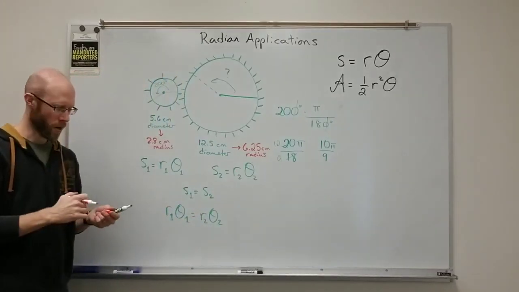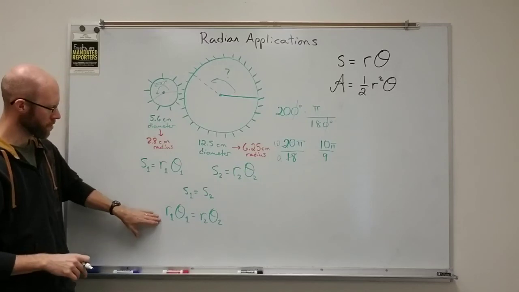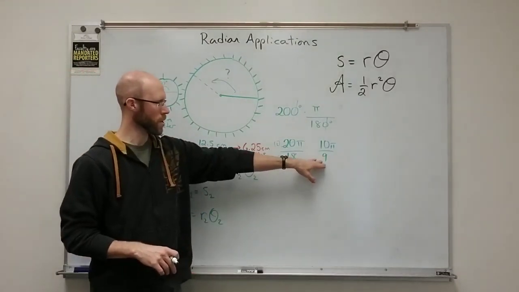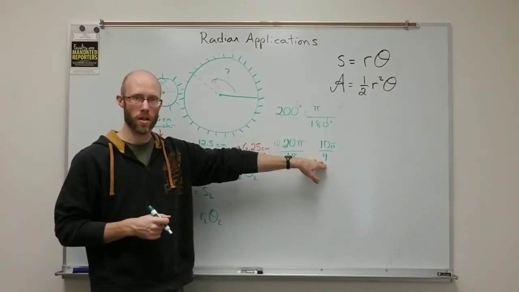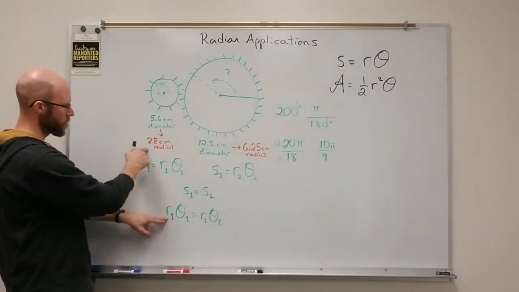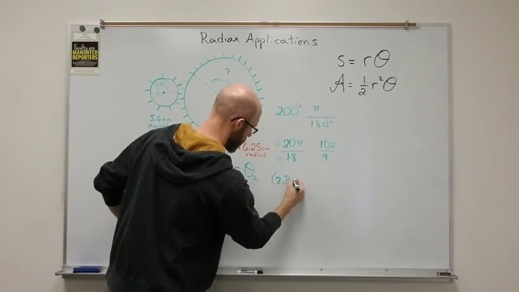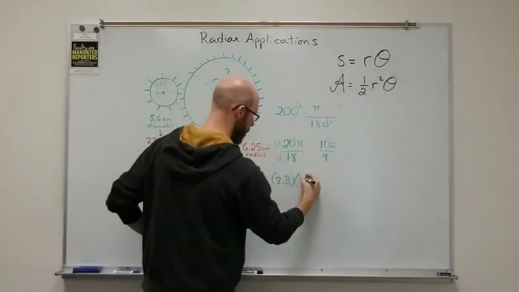Okay, so now I can put those two measurements into my formula for R1 and R2, along with 10 pi over 9 as my angle measure, theta 1. Okay, so I'm going to put all that stuff in. So R1 is 2.8. Theta 1 is 10 pi over 9.